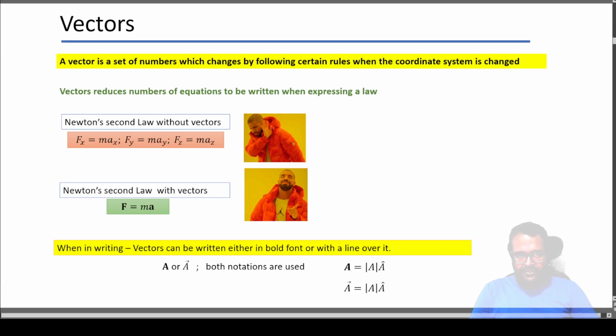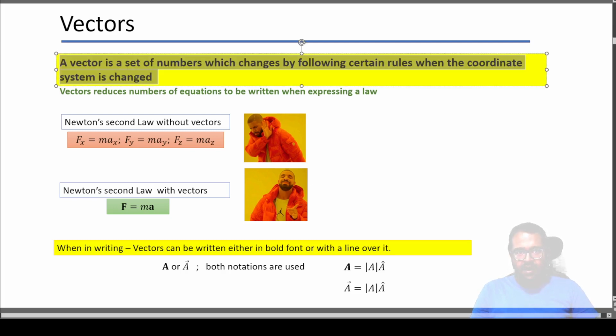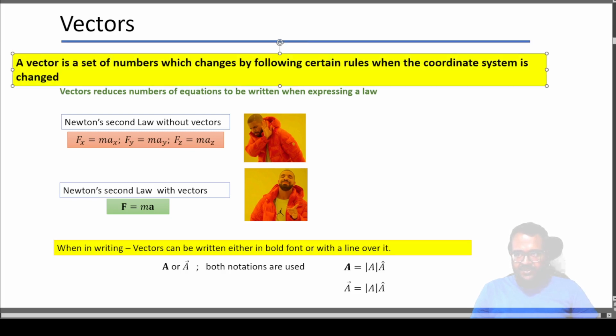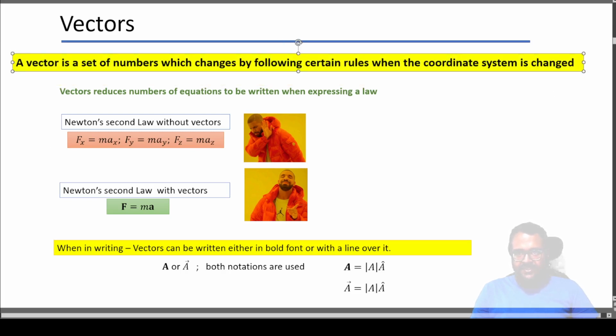So the actual definition of a vector comes from the coordinate change, from how a set of numbers which is written as ax, ay, az in Cartesian coordinates, their components, changes by following certain rules when the coordinate system is changed.